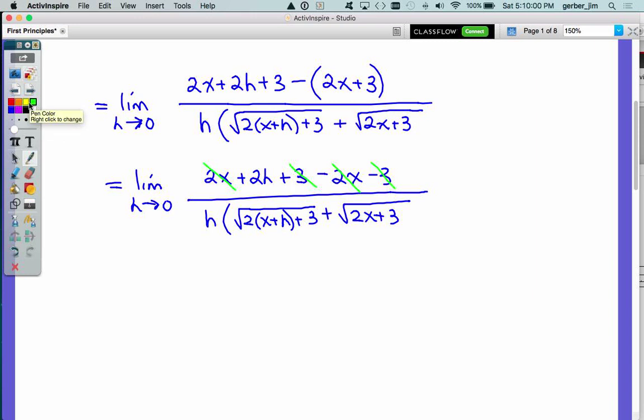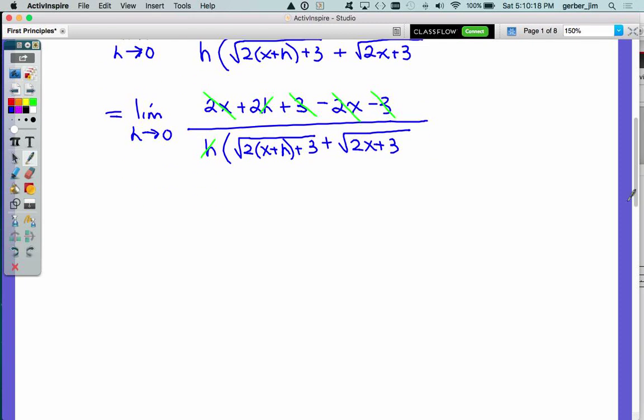And again, since I now have h's there and there, I can divide h by h and get 1. And the reason I can do that, of course, is because h is approaching 0. And since h is approaching 0, h doesn't equal 0, and so I'm not dividing by 0 here. And so this cleans up quite nicely and leaves me with the limit as h approaches 0.